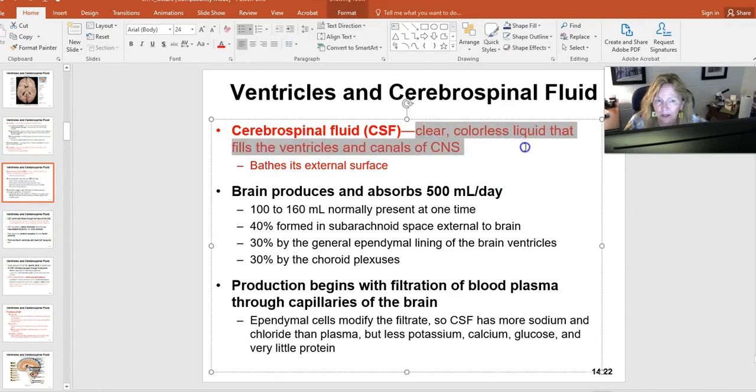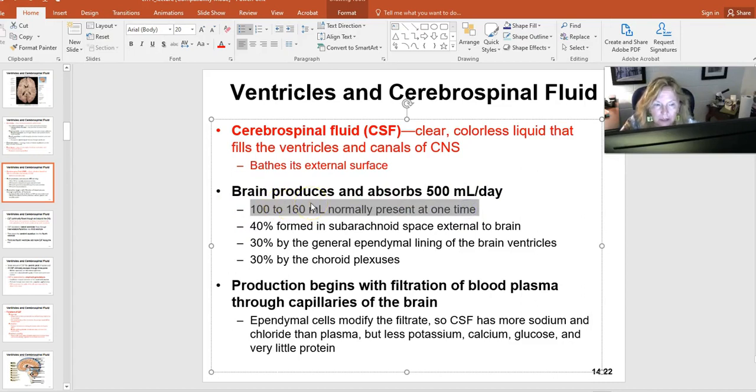It should be clear and colorless. Another thing, we produce about a half a liter, so 500 mLs is a half a liter a day. At any given time, you have approximately 100 to 160 milliliters, but anyway, that is moving through.